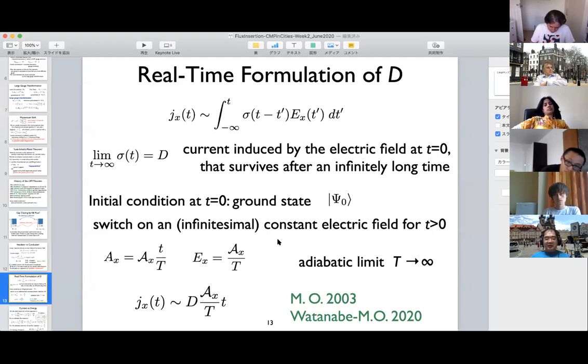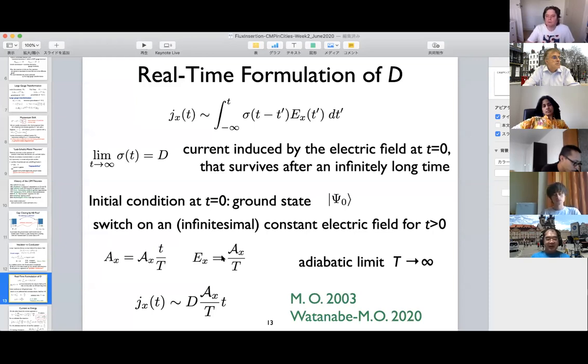So we can consider this kind of setup in the context of flux insertion. I start from the initial state, let's say the ground state, and then at t equals 0, I switch on a constant electric field, which can be represented by a vector potential proportional to the time, because the electric field is just the time derivative of this vector potential.